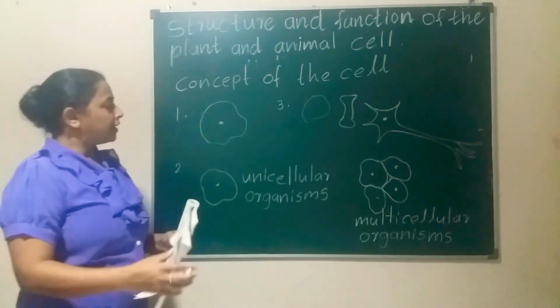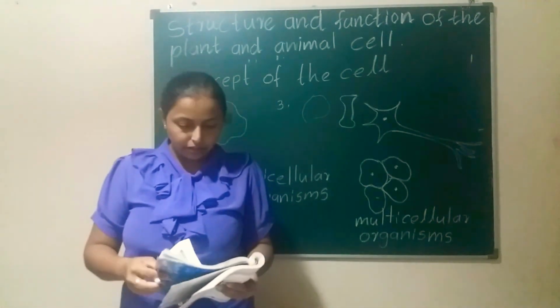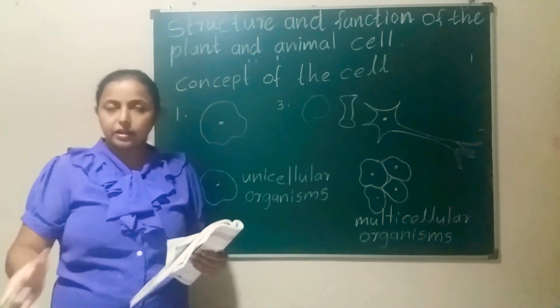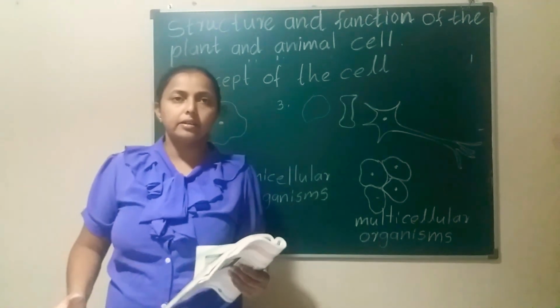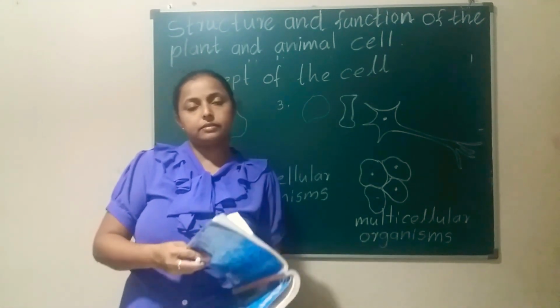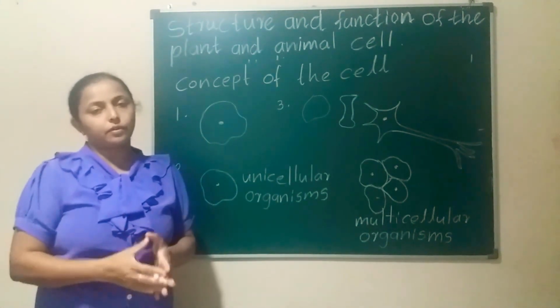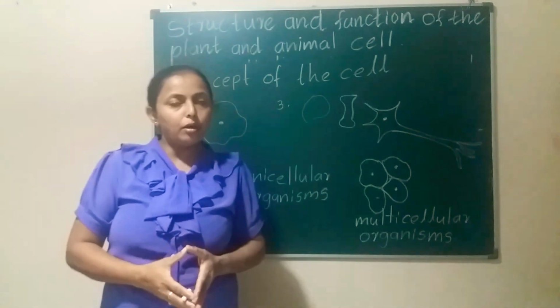Cells have different shapes, different functions and different sizes. These cells are in our body, and different types of cells are also in the plant body.